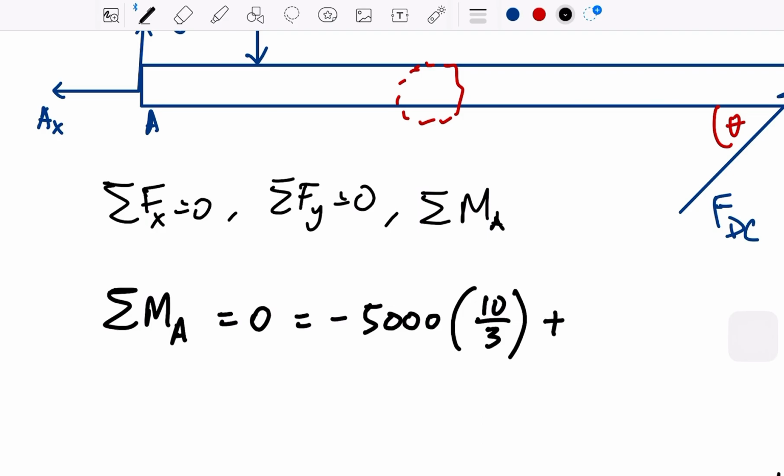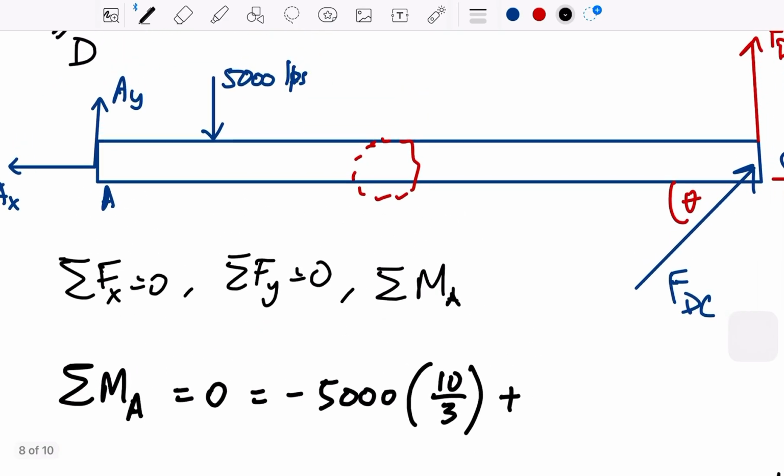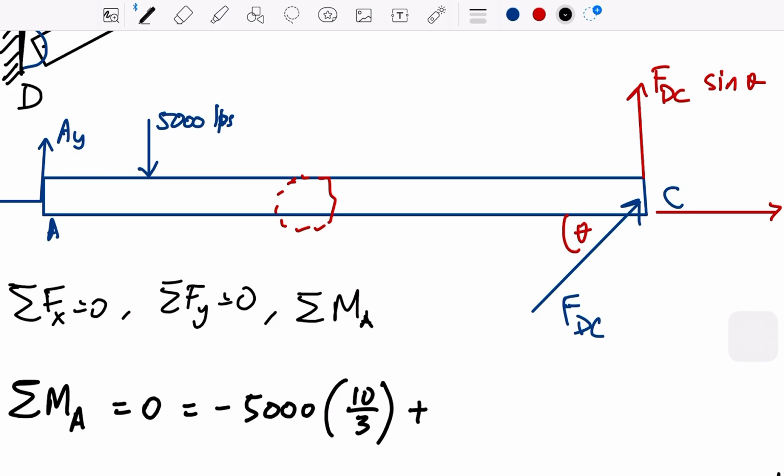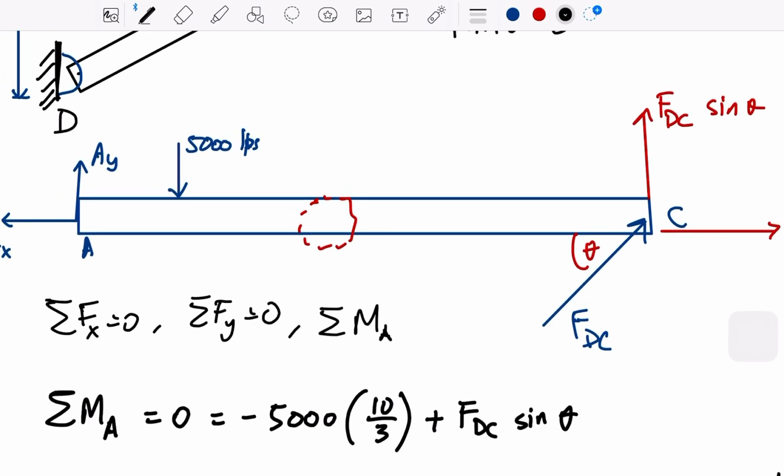10/3 plus the other part, because our perspective is on A, right? So we go here and we find this FDC sine theta, and then it's going to be counterclockwise, so that's why it's plus FDC sine theta. And what's the length?